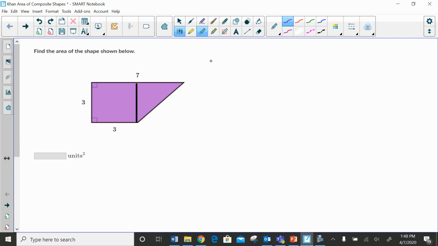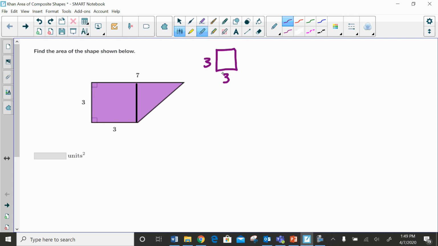So the first thing I'm going to do is draw my square up here. To find the area of a square, it's length times width or base times height, it doesn't matter. My square has a height of 3 and a base of 3.